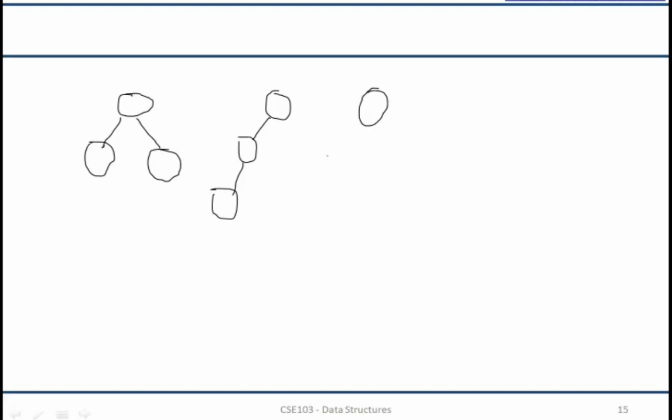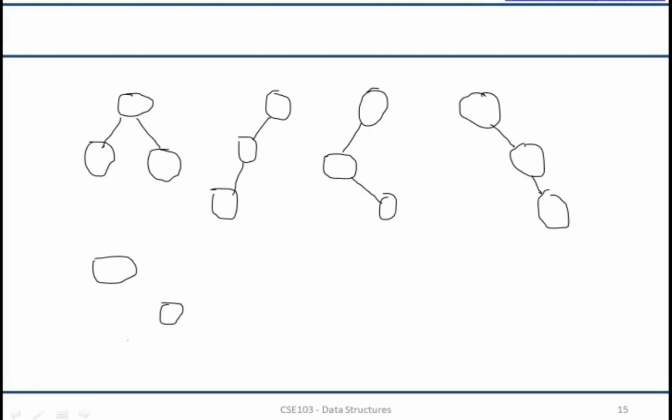If three nodes are given to you, then this is one type of structure, and this is another type of structure, and this is another type of structure, and this is another type of structure, and this is another type of structure.